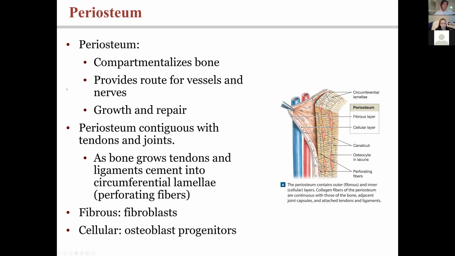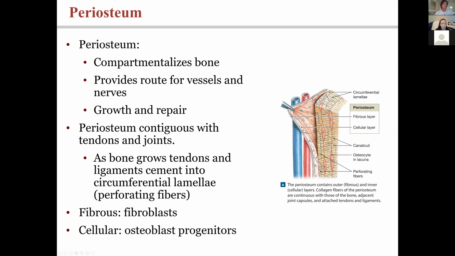This is due to the collagen fibers in the outer layer of the periosteum being contiguous with the collagen fibers of tendons or of ligaments. They're one and the same.